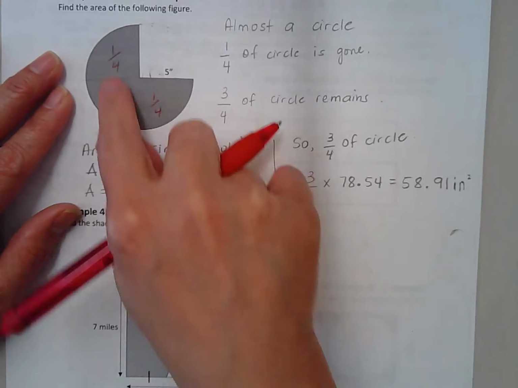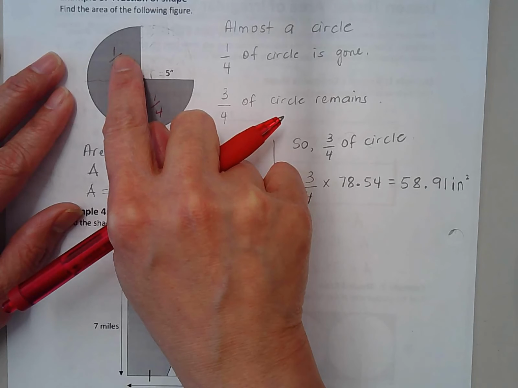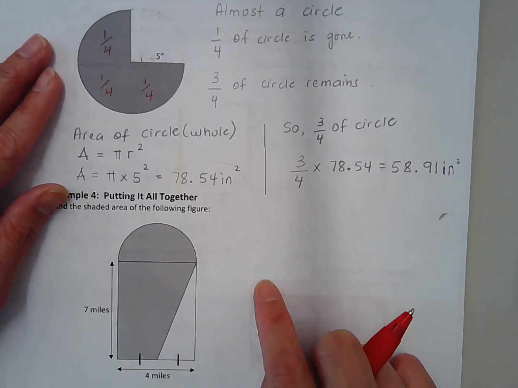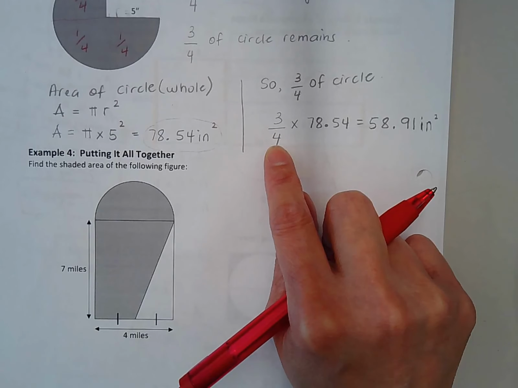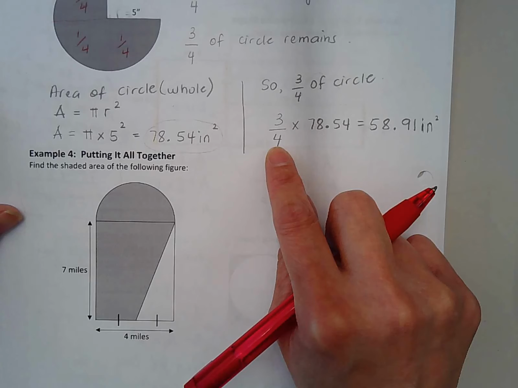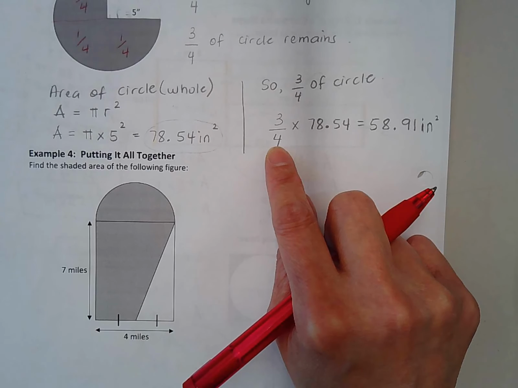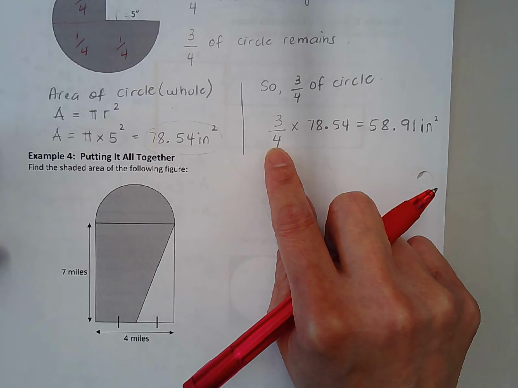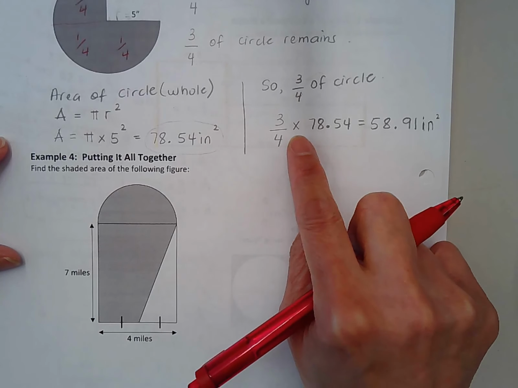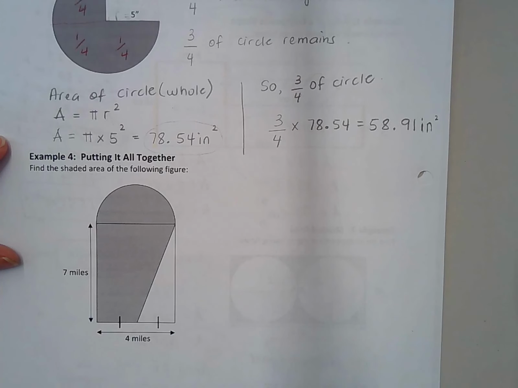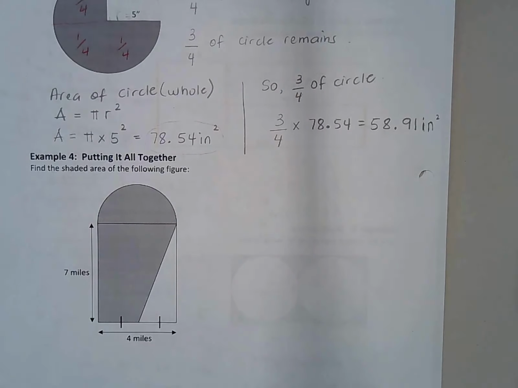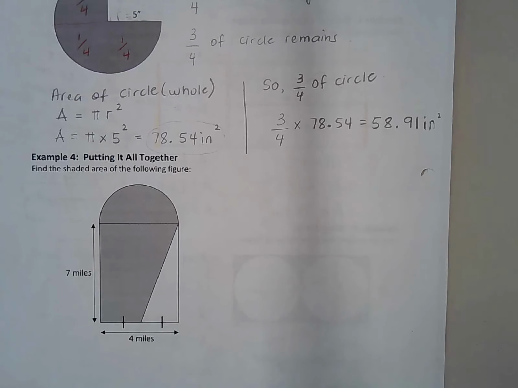So you have 3/4 of the whole thing. We're only interested in the area of just the 3/4 of a circle. Was that your question? So that's why we go 3/4 times that area. Okay, good.